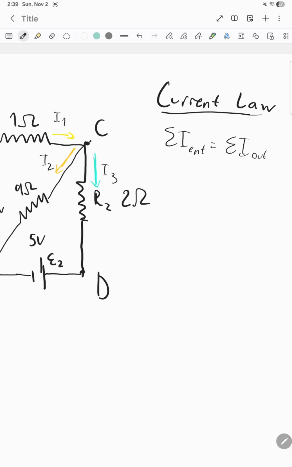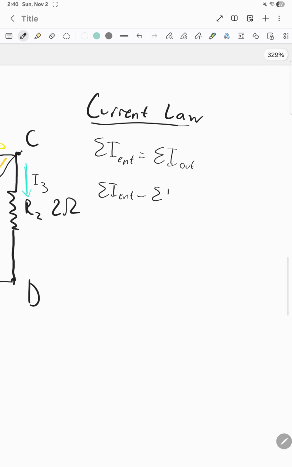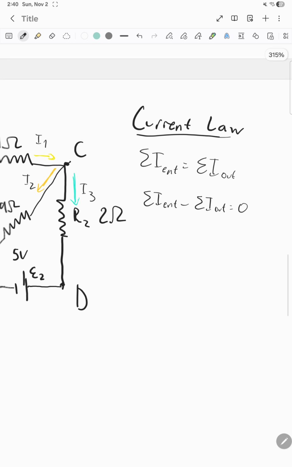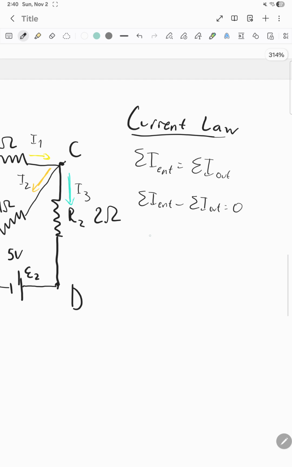And so you could also write it as the sum of the current entering minus the sum of the current escaping will be equal to 0. As you can see, I1 is entering, minus you have two escaping, I2 plus I3.